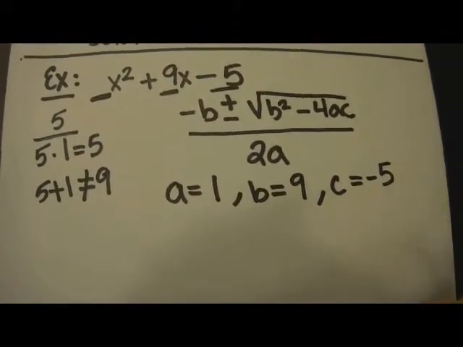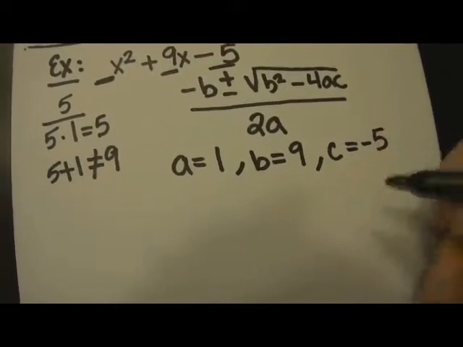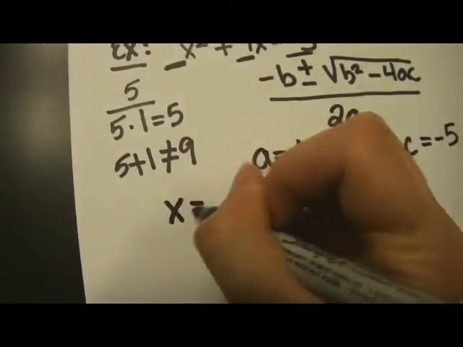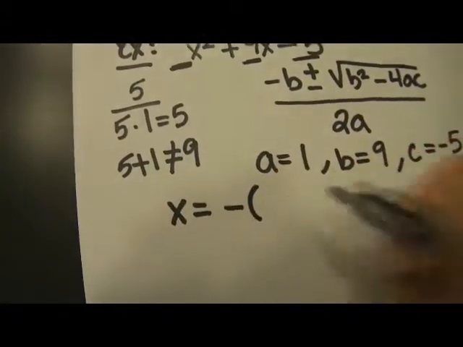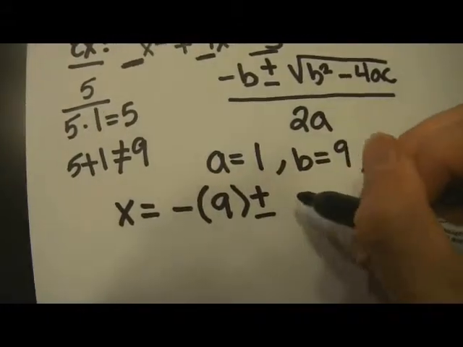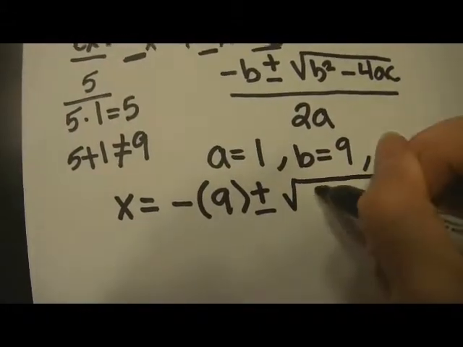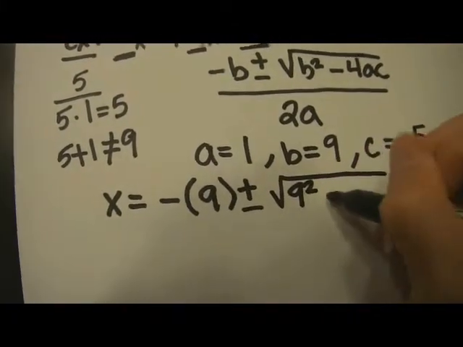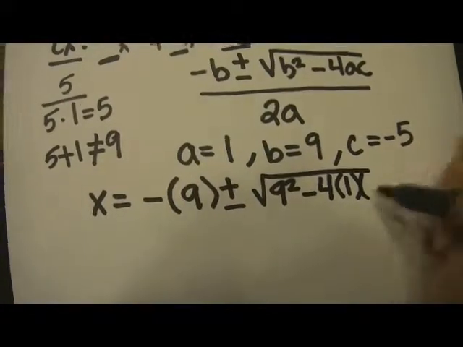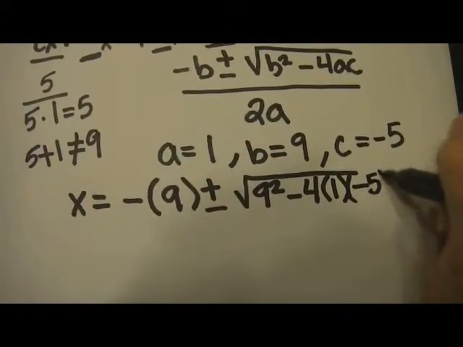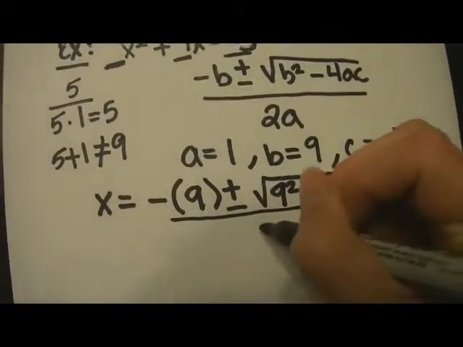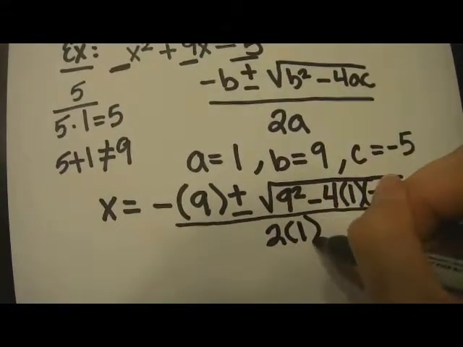Now, all you have to do is plug this into the equation, and you can get what x is equal to. x is equal to negative 9 plus or minus the square root of 9 squared minus 4 times 1 times negative 5, all over 2 times 1.